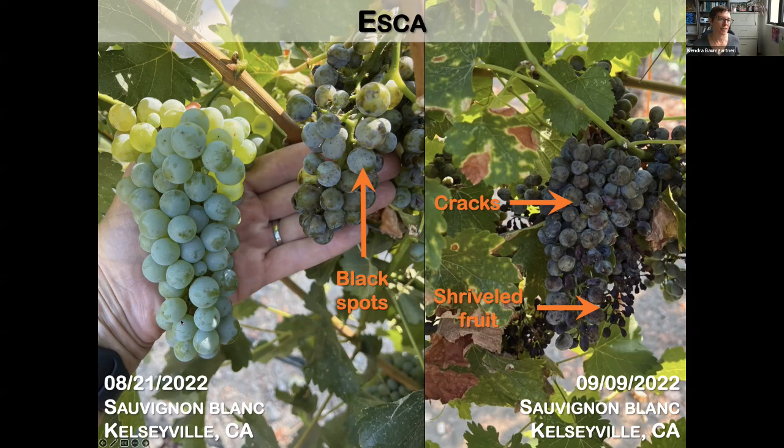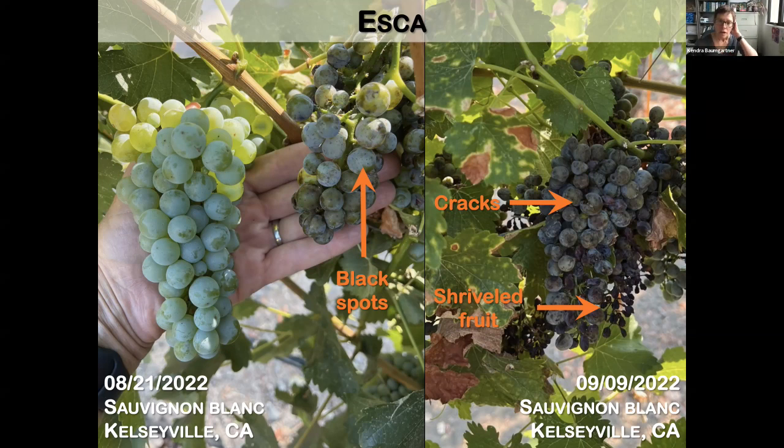You have one here at the left of your screen, which is a healthy cluster. We can get healthy and symptomatic clusters on the same vine. It's all dependent on where that shoot, the shoot from which they grow, is connected in the vascular system to where the fungus resides deep inside the woody tissues.